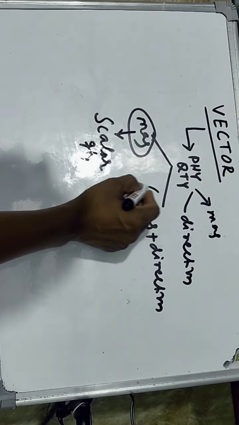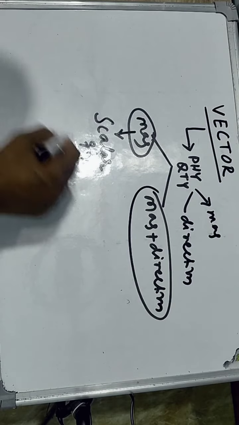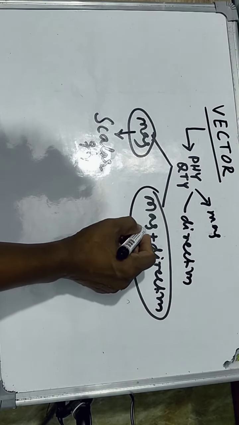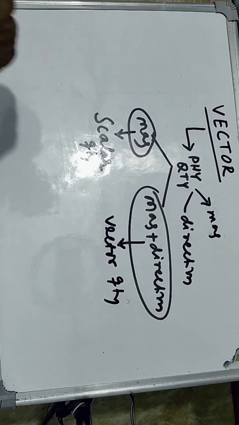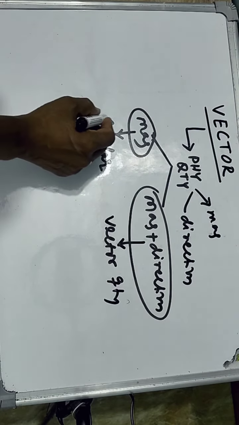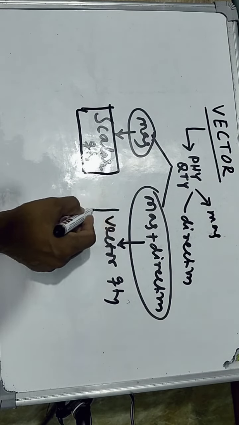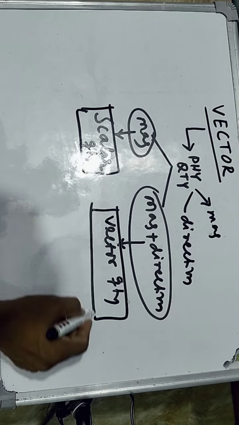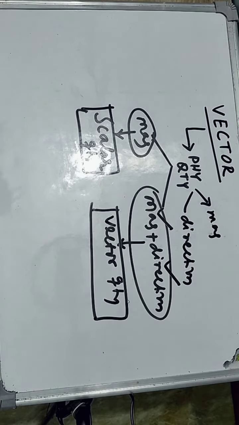Whereas all physical quantities which have both magnitude and direction are termed as vector quantities. That means a scalar quantity will have its magnitude only, whereas vector quantities will have both magnitude and its direction.